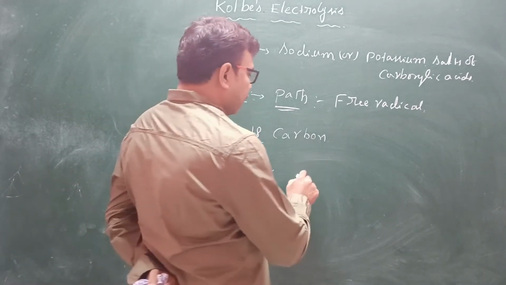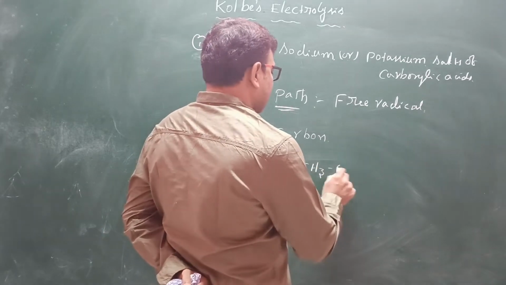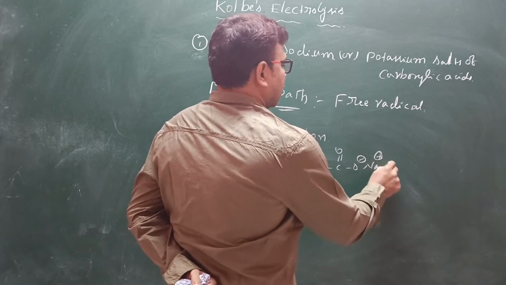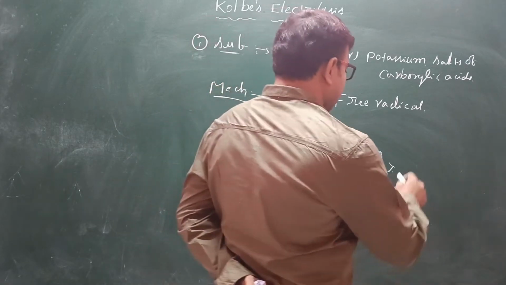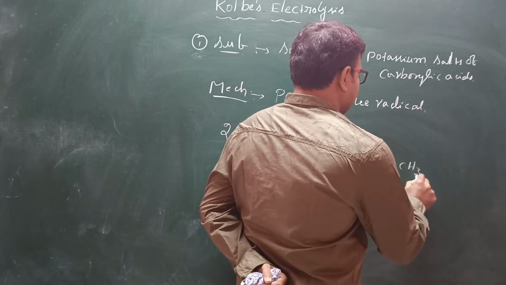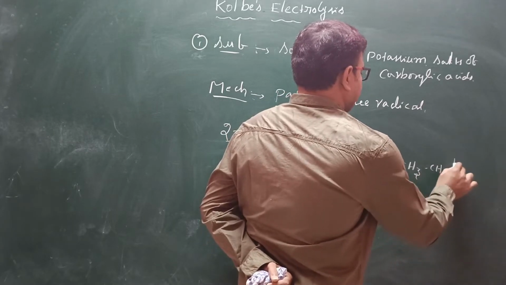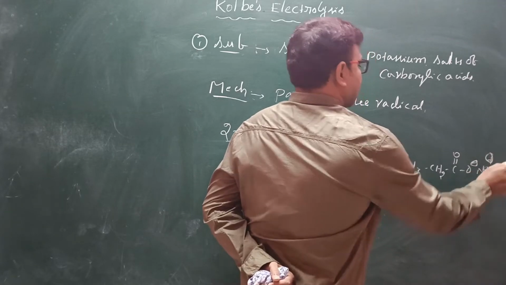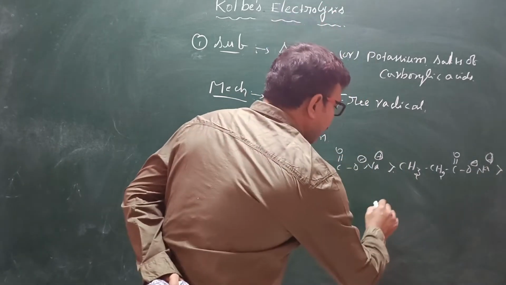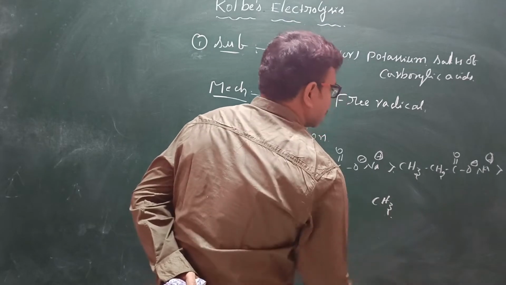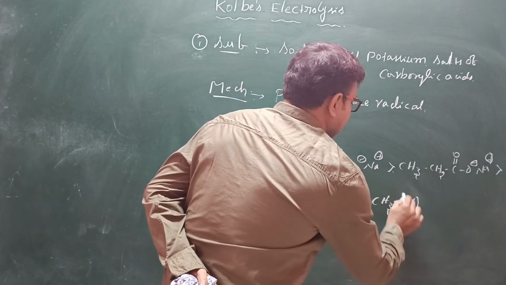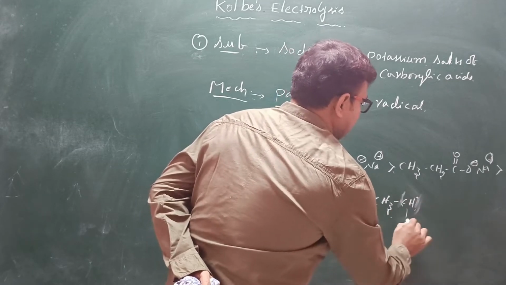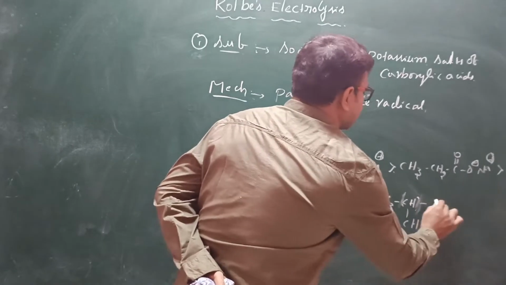For example, the percentage yield of sodium acetate is greater than that of sodium propanoate, which is alpha substituted, CH3 being a substituent on the alpha carbon.